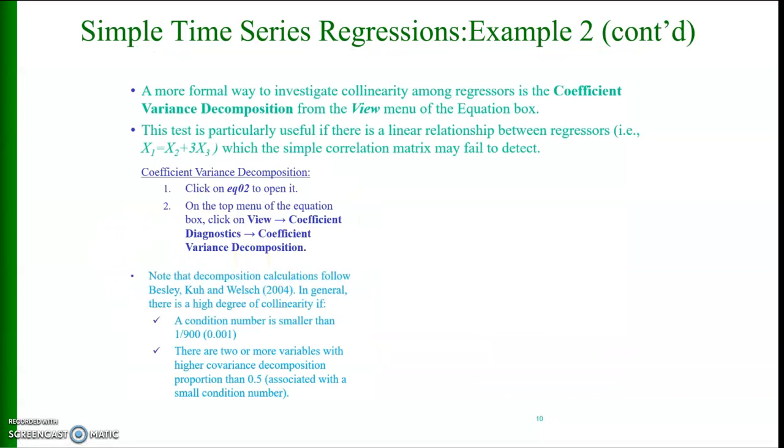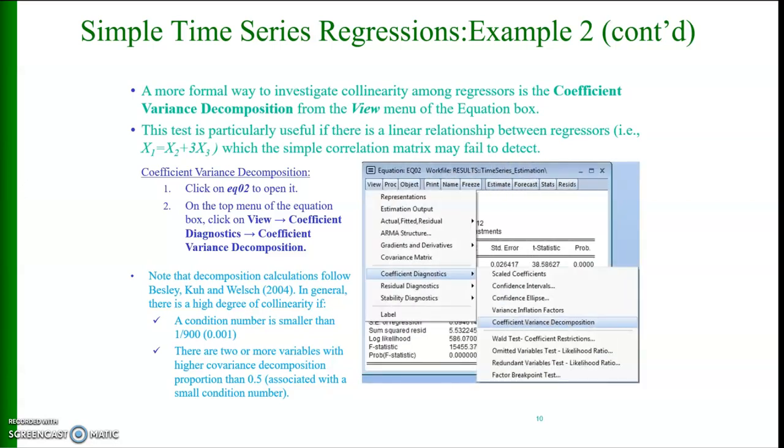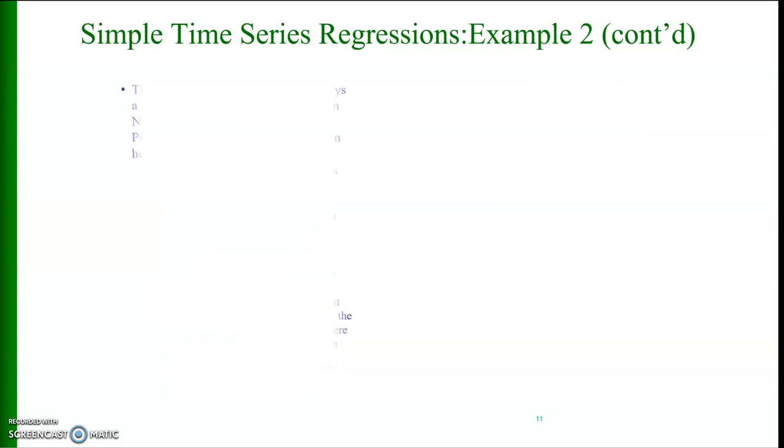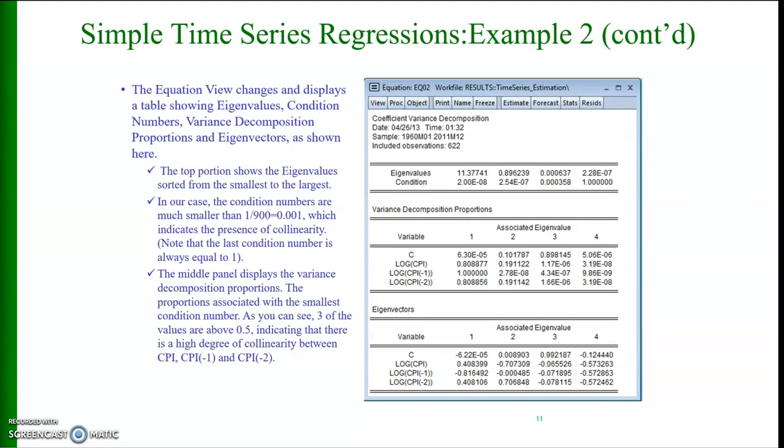We can also look at the coefficient variance decomposition from the view menu of the equation box, and it's this. Here there is various information regarding the eigenvalues, the condition numbers, variance decomposition proportions, and the eigenvectors. The top portion shows the eigenvalues, which are sorted from the smallest to the largest.